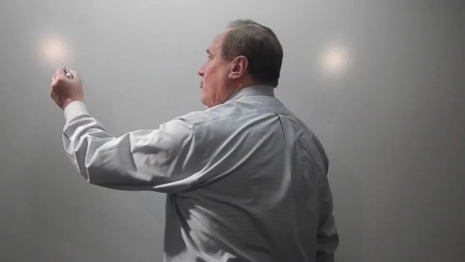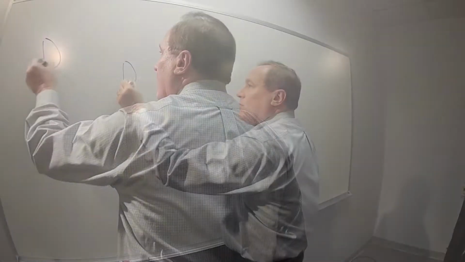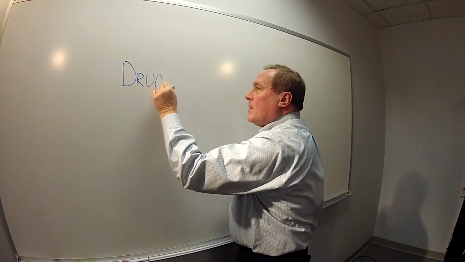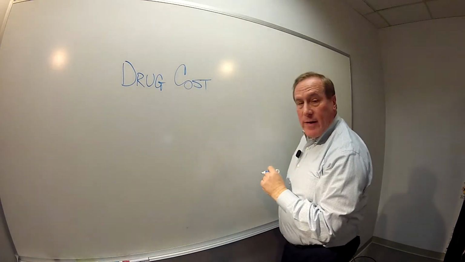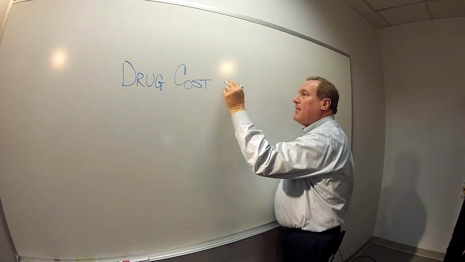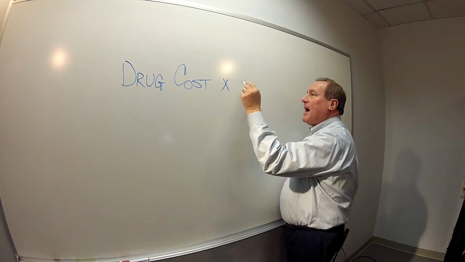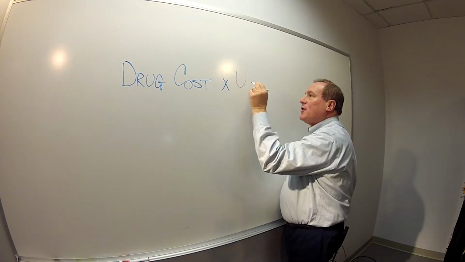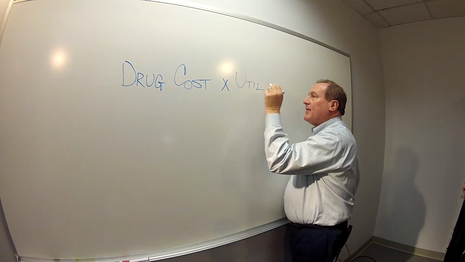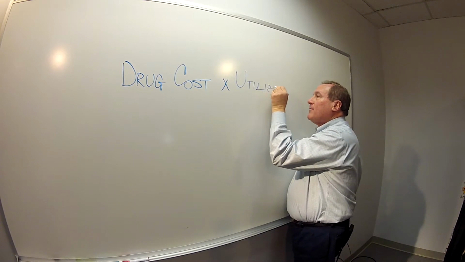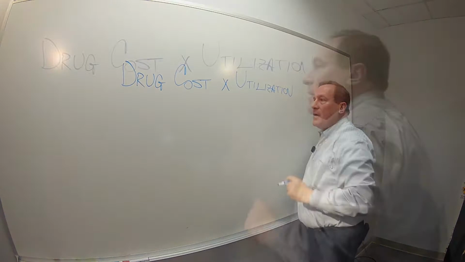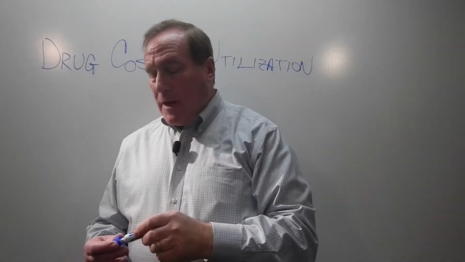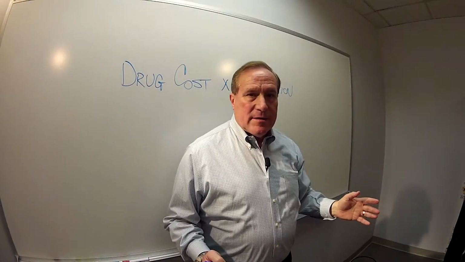What we really need to understand is that drug cost is not the only thing that a plan pays for. It must be multiplied by the utilization or the usage of that particular drug, and that utilization is critical because it multiplies every drug cost.